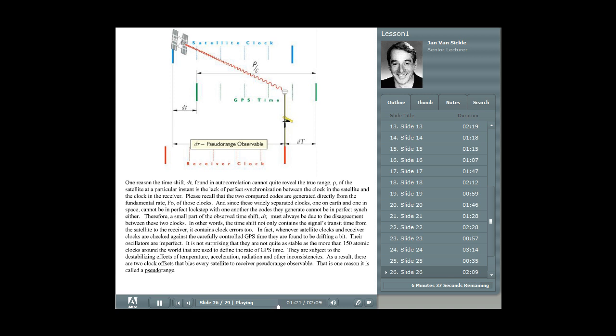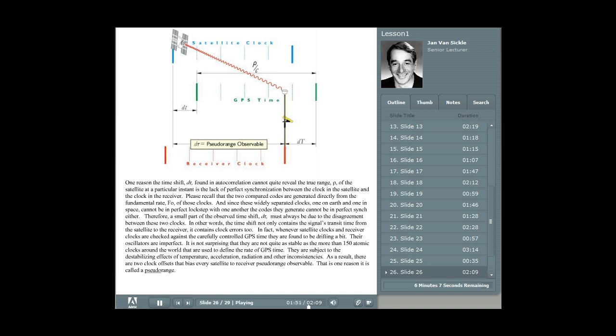First of all, the GPS receiver clock is probably a quartz oscillator and is not terribly stable. Also, as you know, the broadcast clock correction in the navigation message is not perfect because, of course, it was uploaded some time ago when you receive it, and so it isn't right exactly. And when we speak of time and distance, as I pointed out, a nanosecond, a billionth of a second, is approximately a foot.